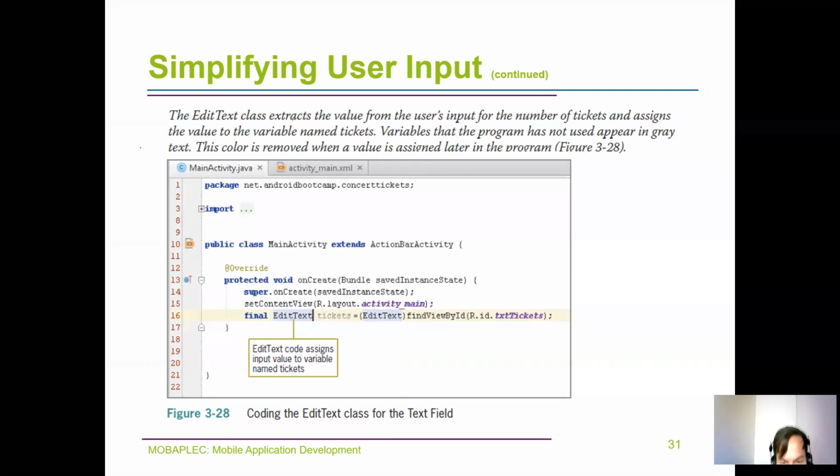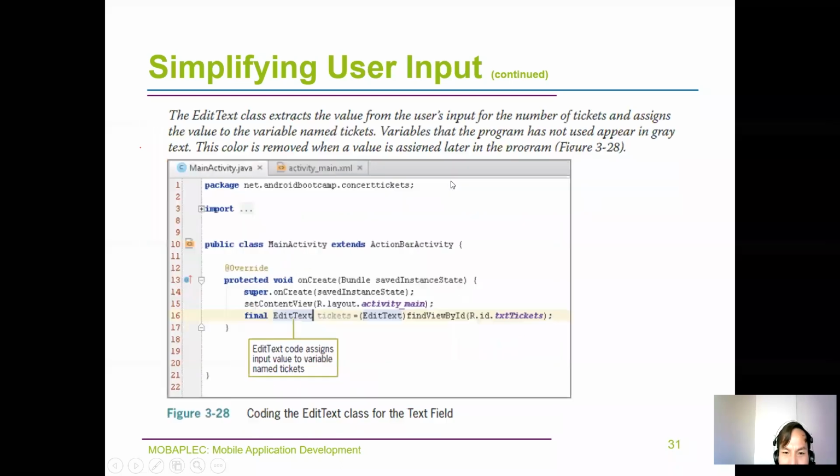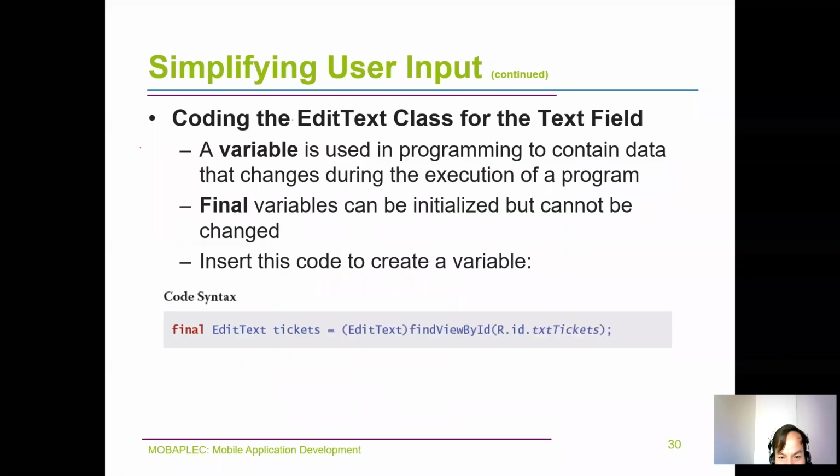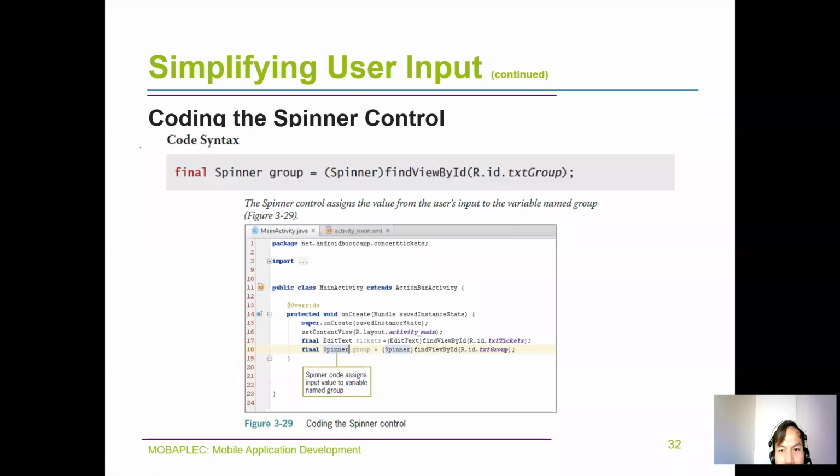So next, we need to assign, in slide 32, the code syntax for the spinner control. To take note, you need to know the syntax first prior to coding. That's very important. So we have here the final as our variable for spinner group. So spinner still uses findViewById, just like what we did here, followed by the ID.